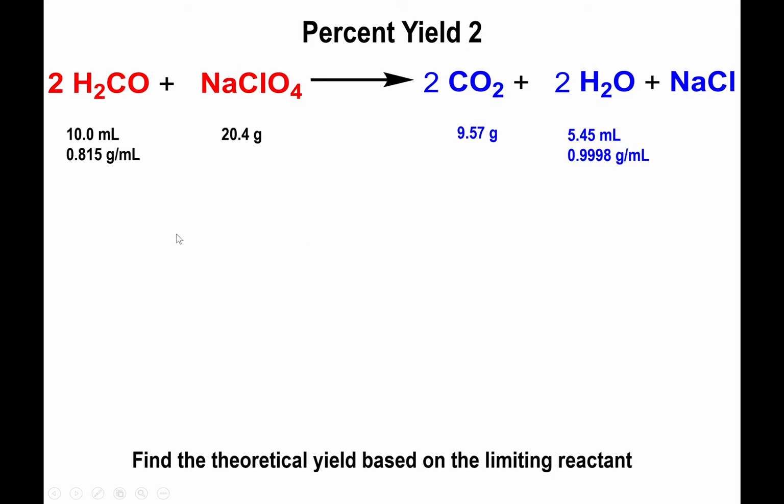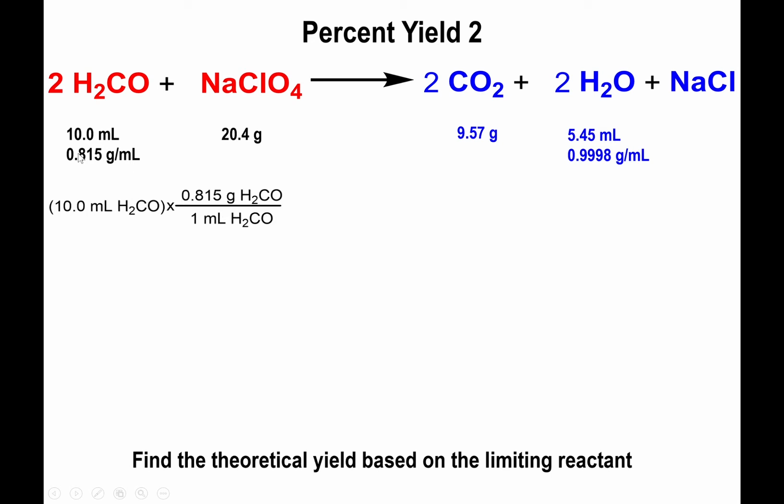But first things first, we are going to try to get both of these reactants ultimately into moles, such that when we have the moles, we switch over to the moles of CO2. So for H2CO, we start with volume, and with the density, we can actually find out the mass.